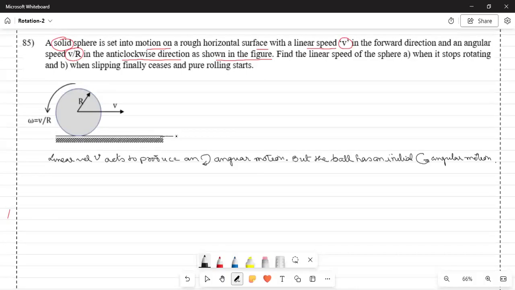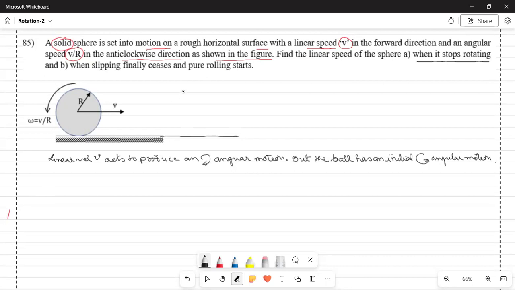After the ball has reached a certain point, it is said that it stops rotating. It means the angular motion created by the linear forward velocity is more than its initial angular motion.